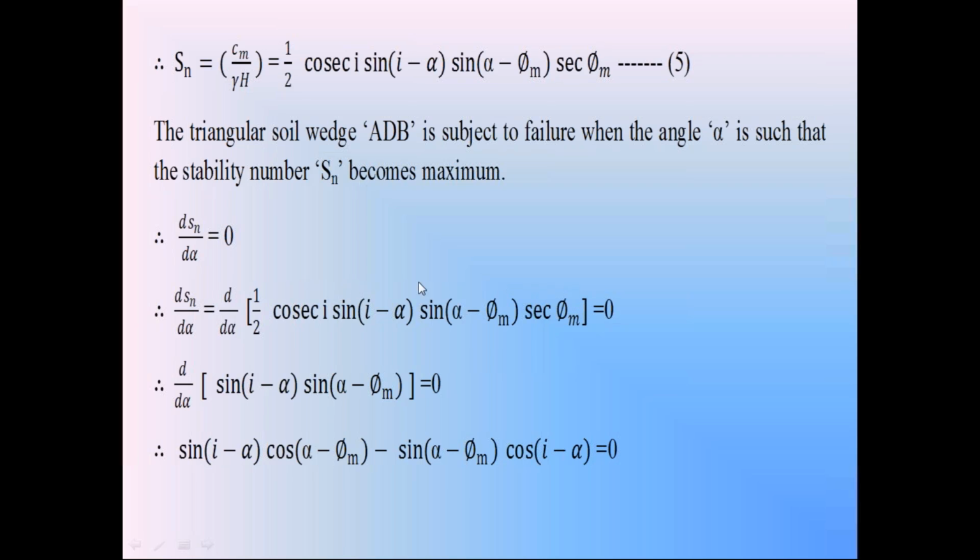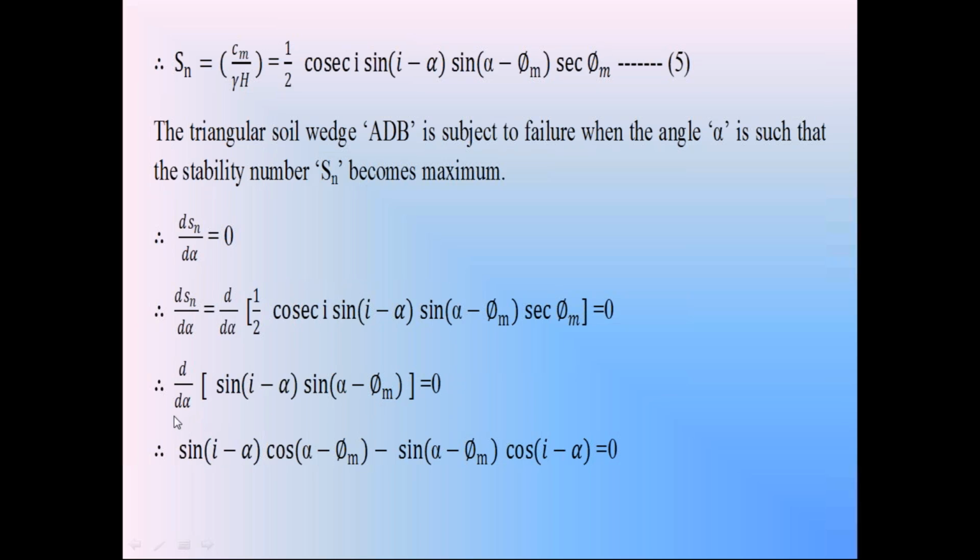So take them outside the differentiation. This is half into cosecant i into secant phi m into d by d alpha of sine (i minus alpha) sine (alpha minus phi m) equal to 0. These three are constants, they won't be 0. So only d by d alpha of sine (i minus alpha) sine (alpha minus phi m) equals 0.